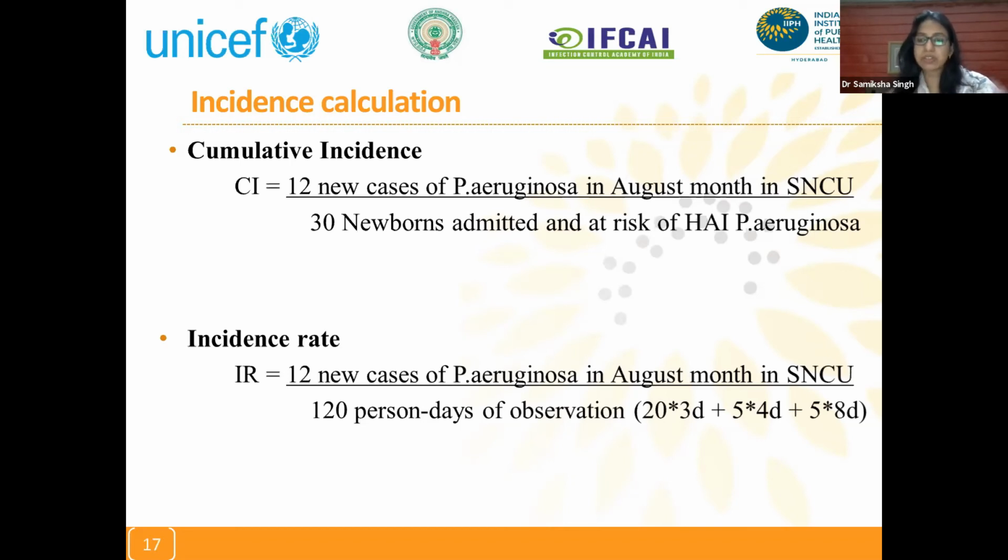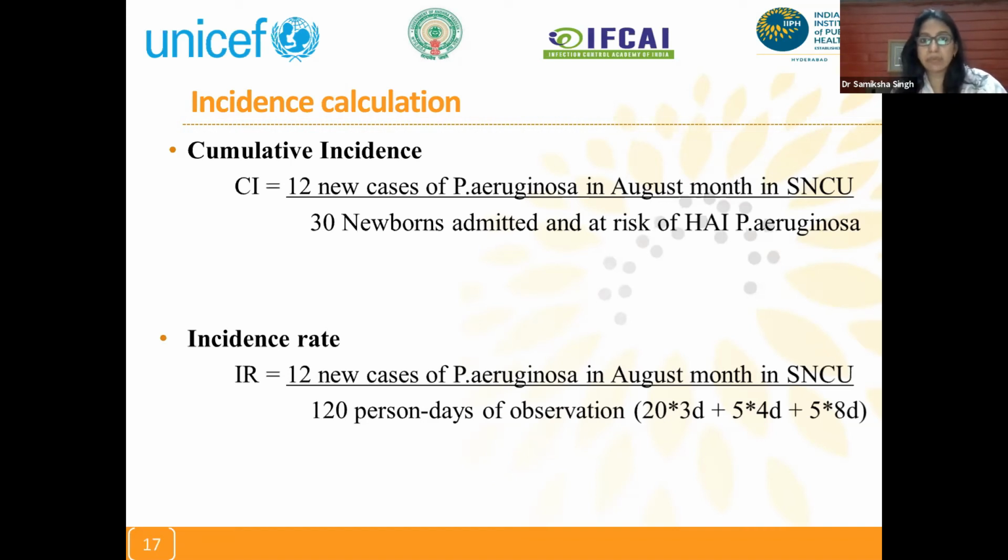Including new admissions, whole admissions. There were 30 newborns who were admitted at any time in that 1 month period. Not that the 30 were present in the whole 30 days. No. Some would have been there for 2 days, some would have been there for 3 days.